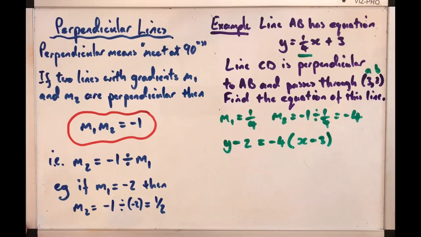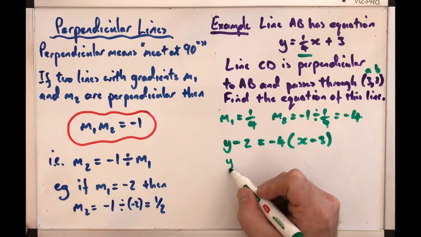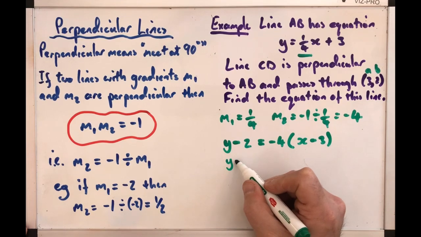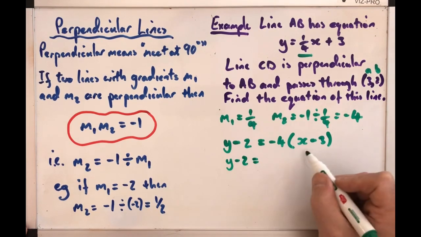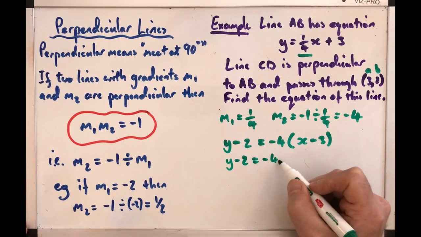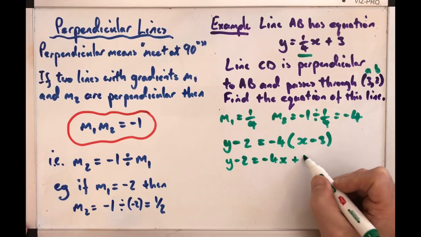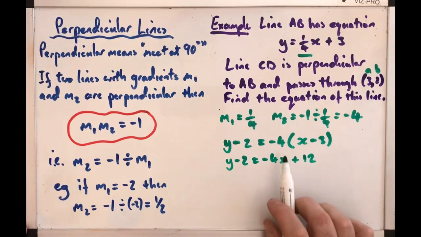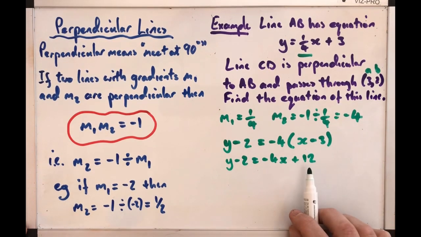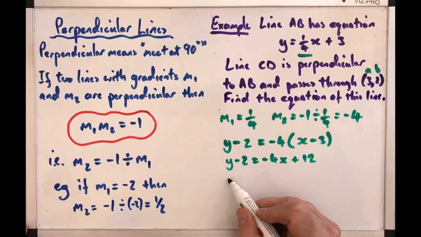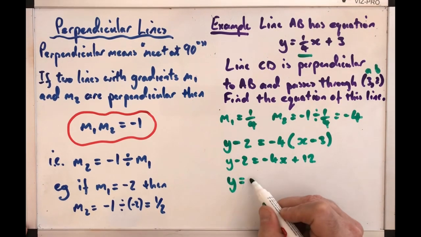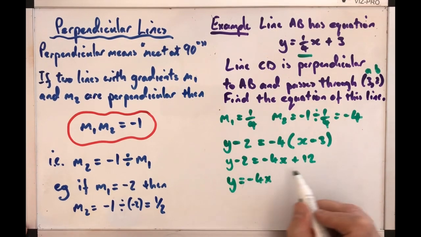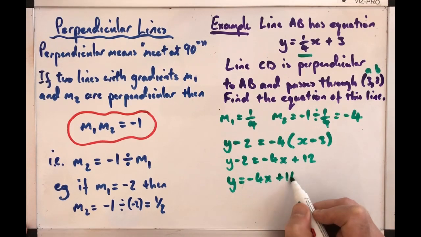Remember, we can't leave it like that. We're going to have to tidy it up. So y minus 2 is equal to, multiplying out, -4x plus 12. Remember, negative times a negative is a positive. And now we can either write it as y equals -4x, adding 2 to each side, plus 14.